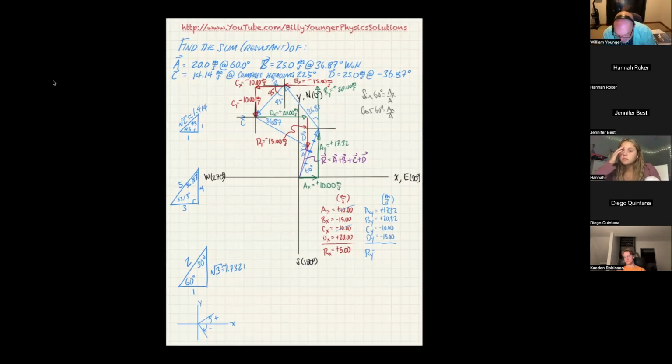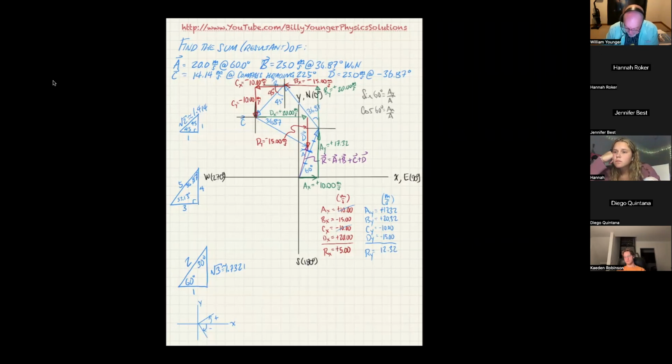So we had gotten up to 37.32 minus 10 to be 27.32, minus 10 would be 17.32, and then minus 5 would be 12.32. So I got 12.32 as my y component of my resultant. Does that make sense? Was that a minus 5 or a minus 15? That's a minus 15 at the bottom.